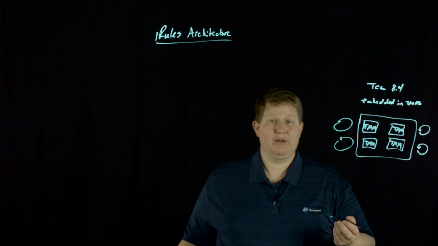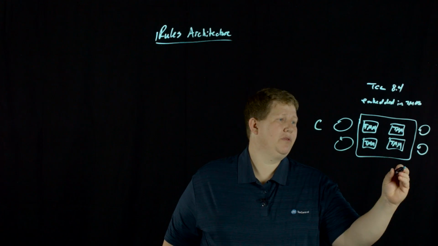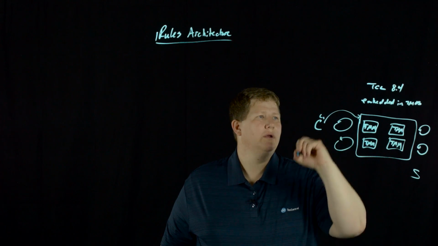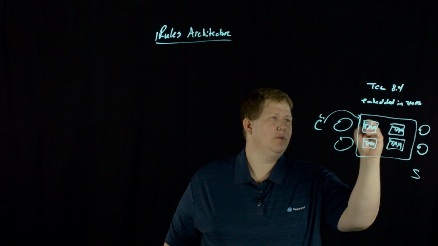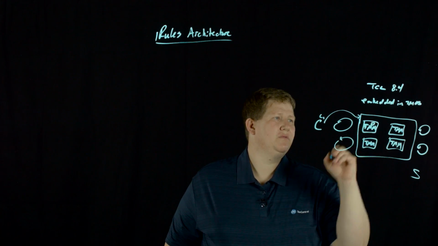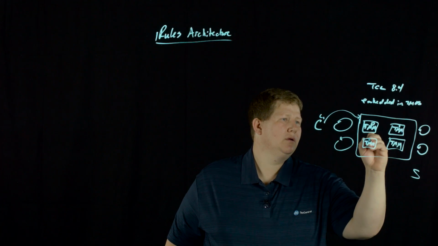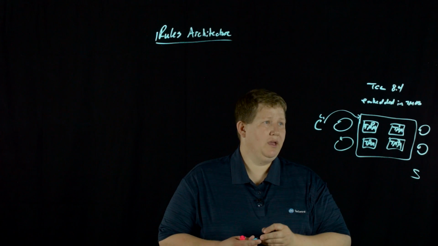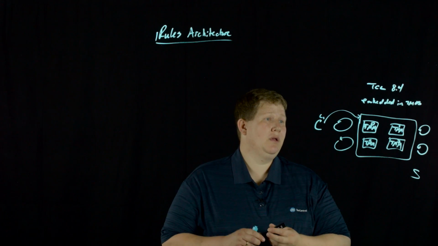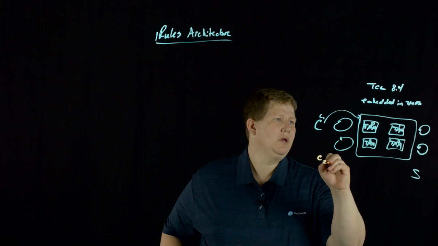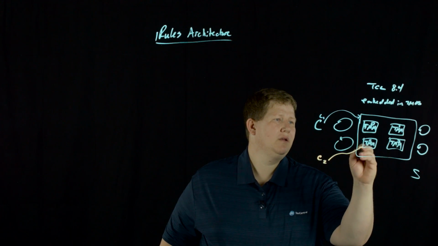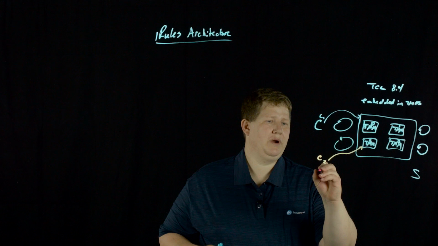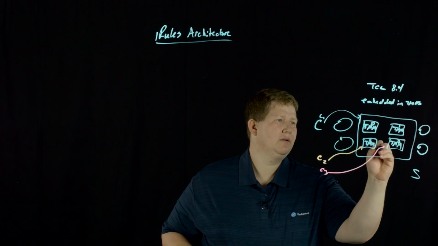When a client connection comes through to a server, you will maybe hit TMM 0, or TMM 1, 2, and 3. Say connection 1 hits TMM 0, connection 2 comes in and hits TMM 2, and then connection 3 hits TMM 3.